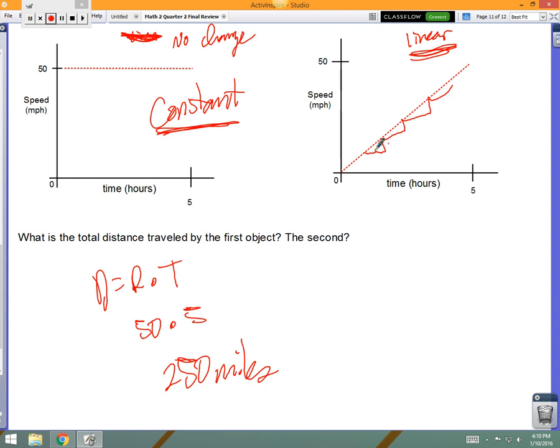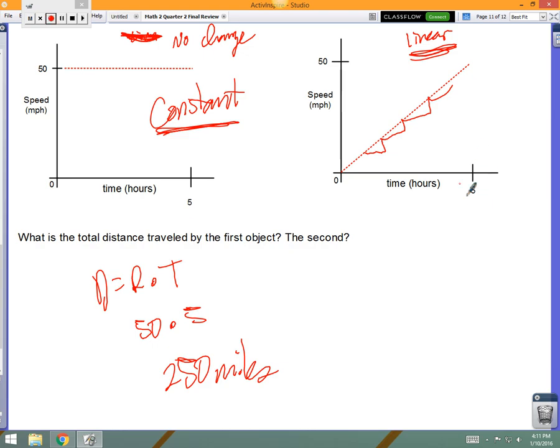Okay, now this guy, he started at a standstill, and he kept speeding up at a linear rate the whole time. At the end of the 5th hour, 5 hours later, he ended up topping out at 50 miles per hour.